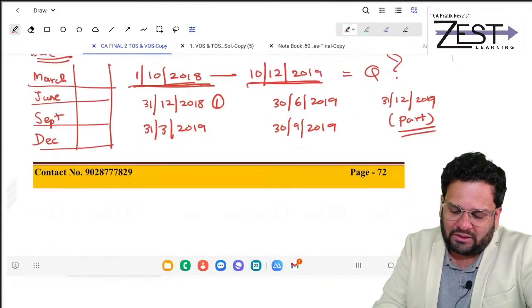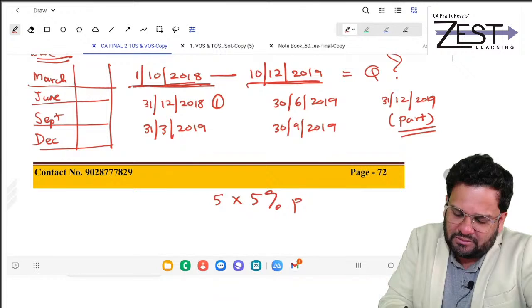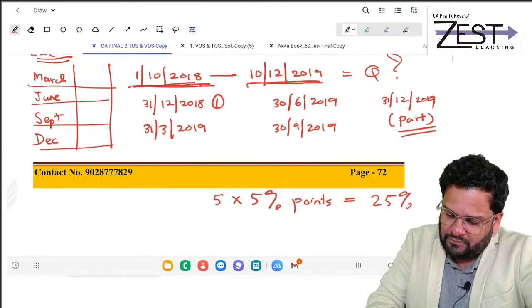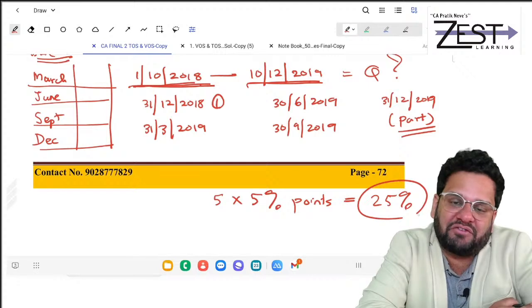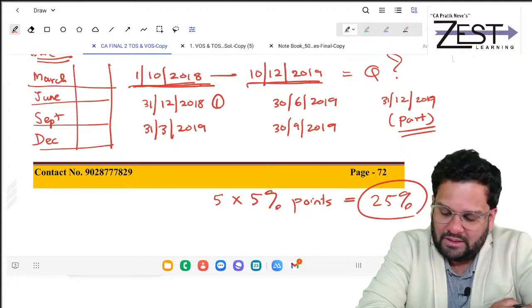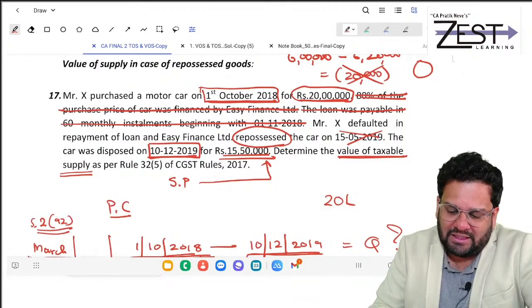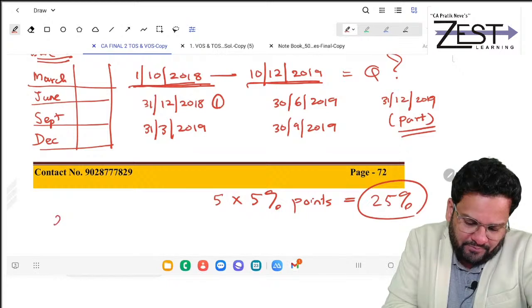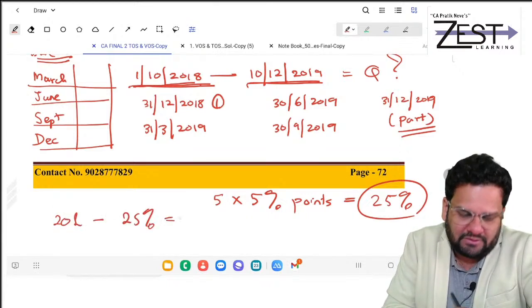So 5 quarters multiplied by 5 percentage points. So how much percentage should you depreciate? Do you agree that we should depreciate the asset by 25%? So can you do 20 lakh, which was the original purchase cost, minus 25%?